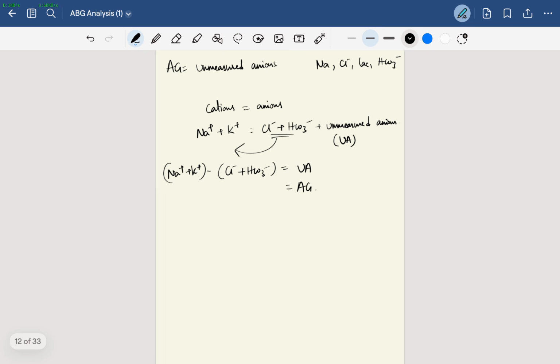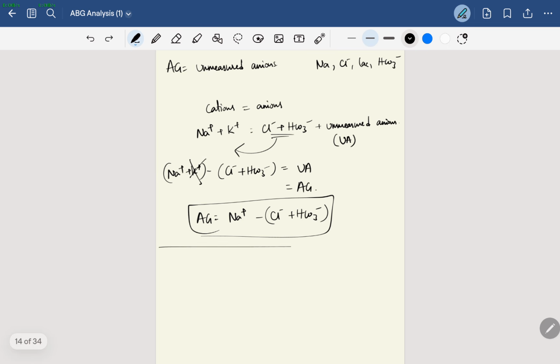However, it's important to note that potassium is not routinely included in anion gap calculations. So, the actual formula that we use when we're solving questions is this formula, and this is what you need to remember for the exam. Now, you may be wondering what the role of anion gap is. Anion gap can help you determine the cause of metabolic acidosis.